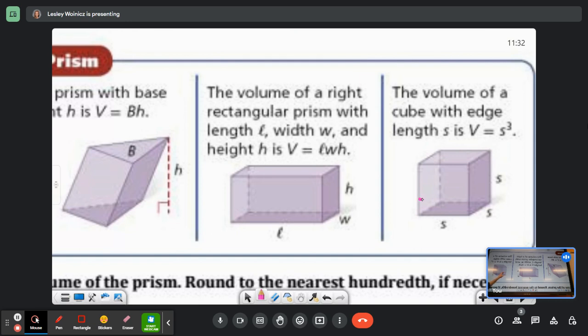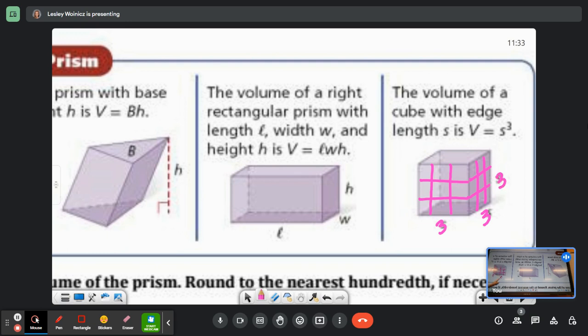So if I draw like this, okay, you can see that I've got my 1, 2, 3 for this side. I've got 1, 2, 3 for that side, and then I've got a height of 1, 2, and 3.